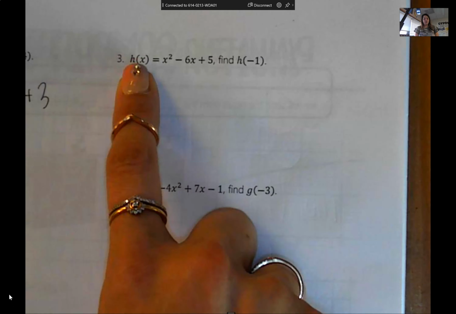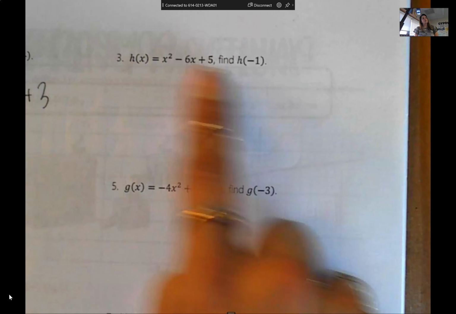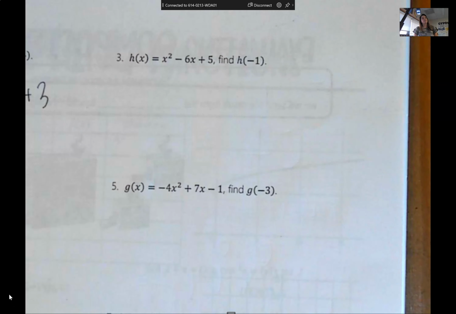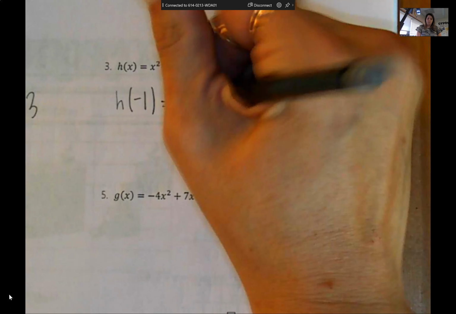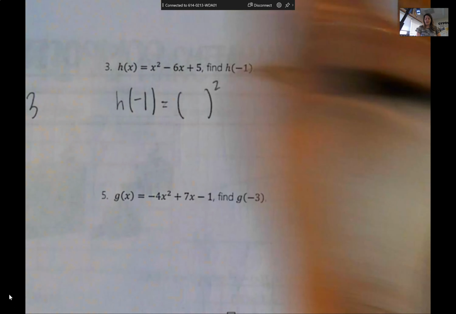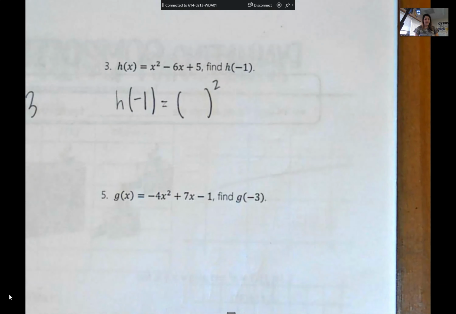This time the function's name is h, and they want us to evaluate at -1. So we have to go back to our parentheses on this one. If we're evaluating h of -1, then what we need to have is parenthesis and plug the -1 into that.